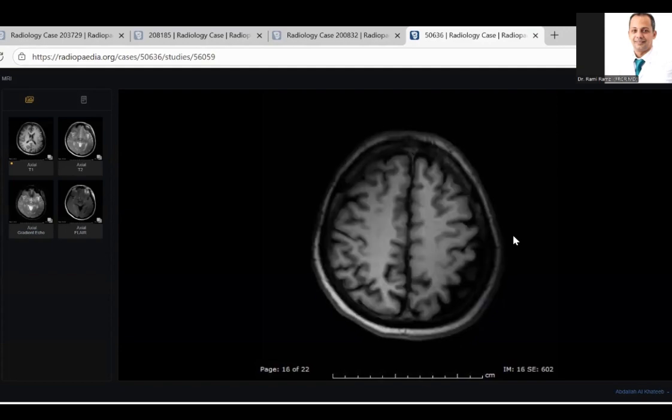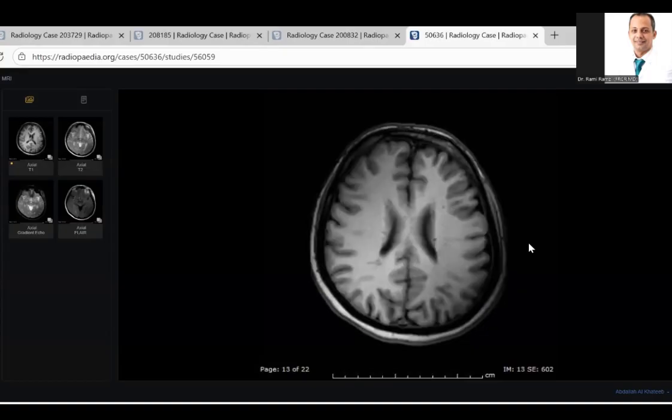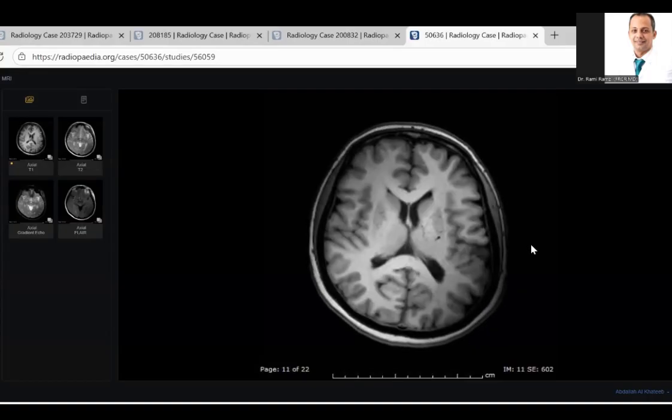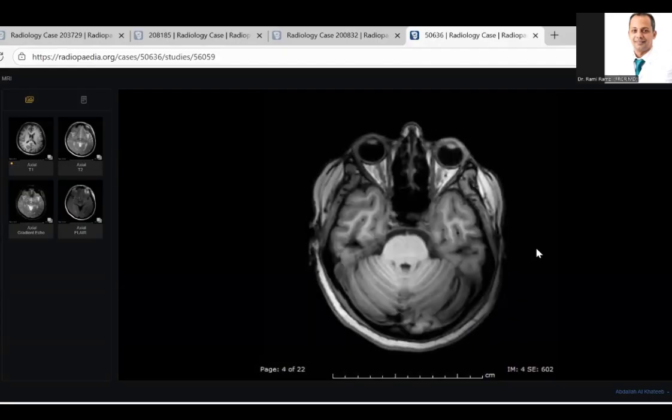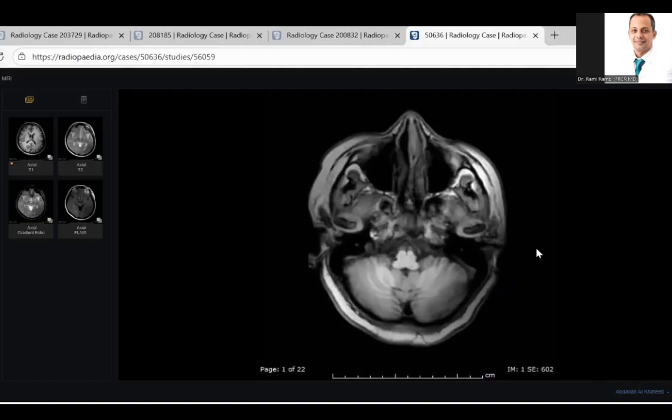Yes, I have been presented with axial images of brain MRI for a patient with a history of headache. This is a T1 sequence. I want to scroll until the last cut and then come back to my finding.